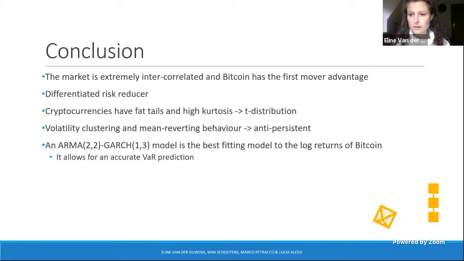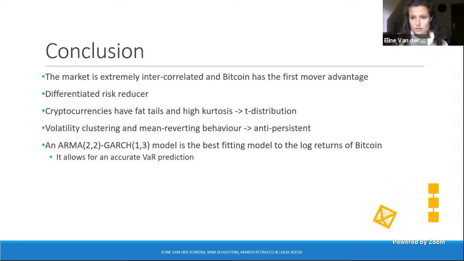And then for the volatile behavior, we found that cryptocurrencies exhibit volatility clustering, and they are mean reverting and very volatile. This highly volatile nature plus mean reversion is called anti-persistent behavior, which we have proven using the Hurst parameter. And then lastly, we fitted an ARMA-GARCH model to the log returns of Bitcoin.